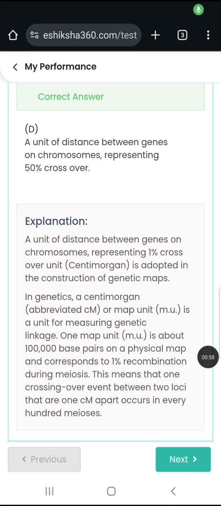One map unit mu is about 100,000 base pairs on a physical map and corresponds to 1% recombination during meiosis. This means that one crossing over event between two loci that are 1 cM apart occurs in every 100 meiosis.